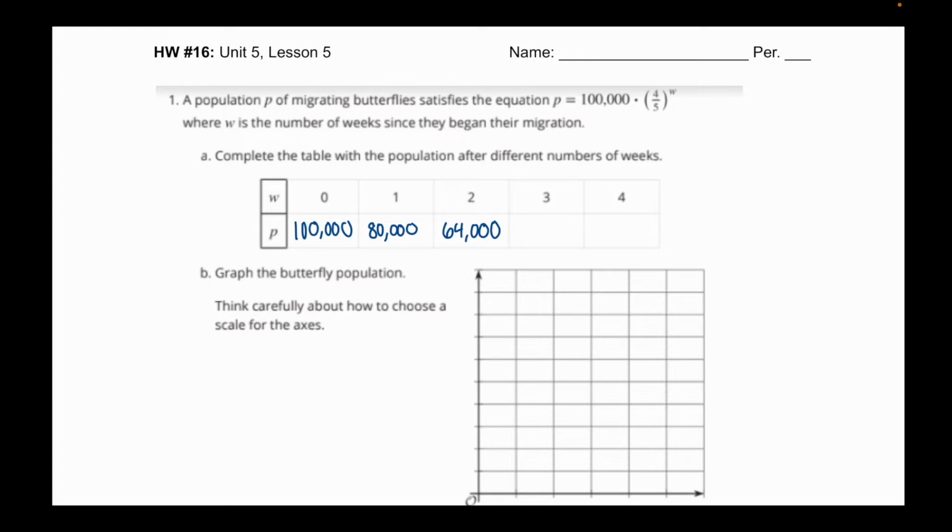Okay. Then, if we put in the power of 3, we will get 51,200.